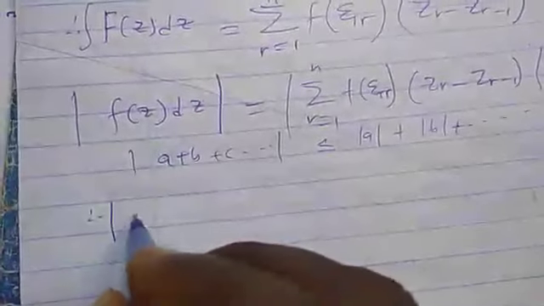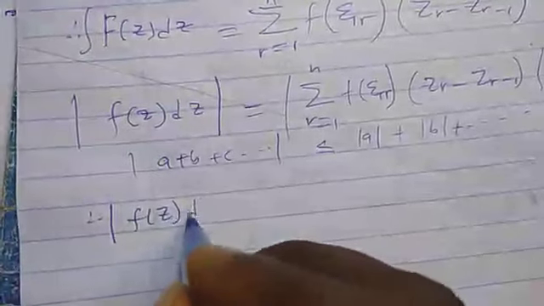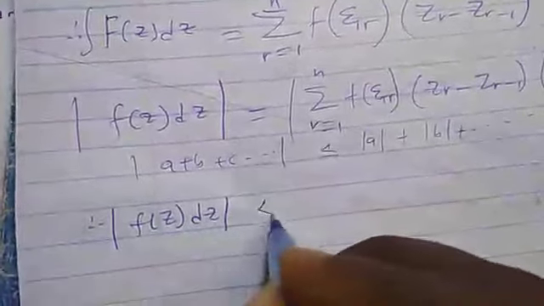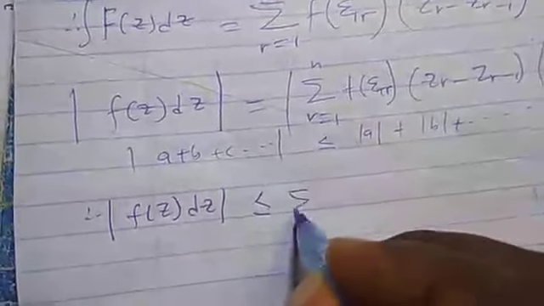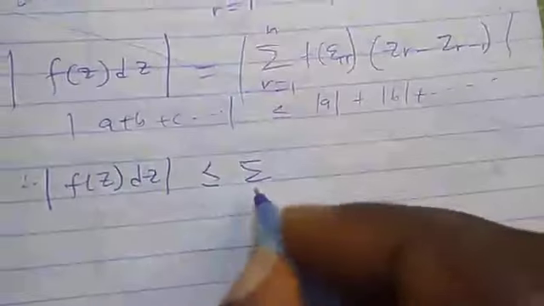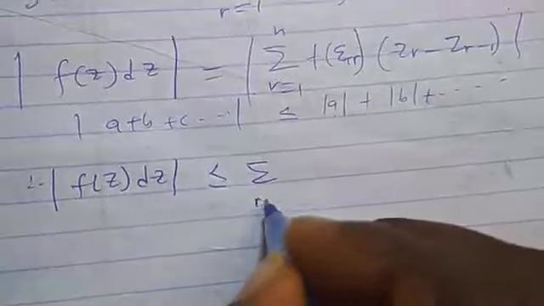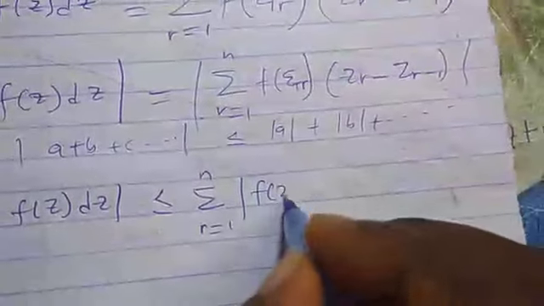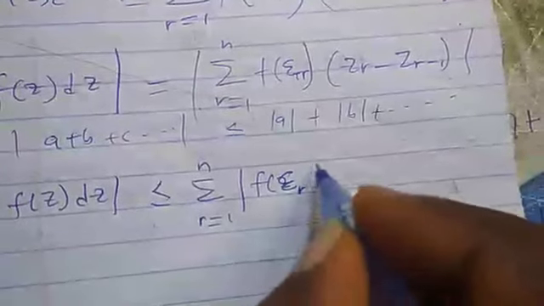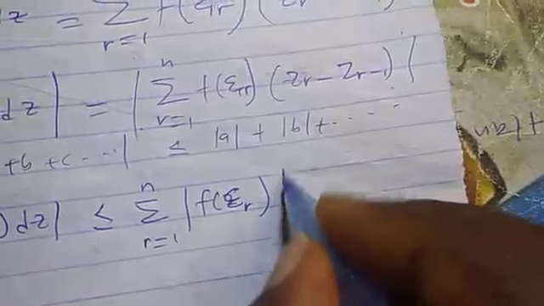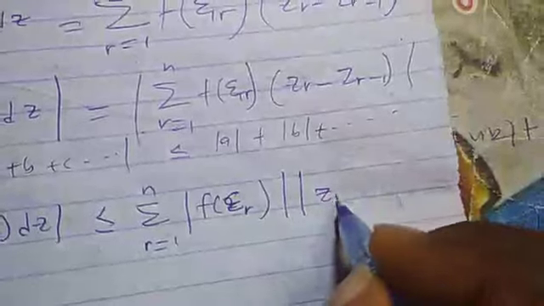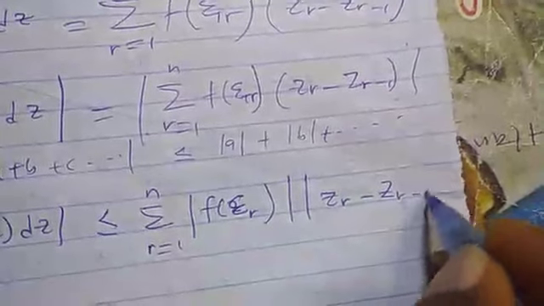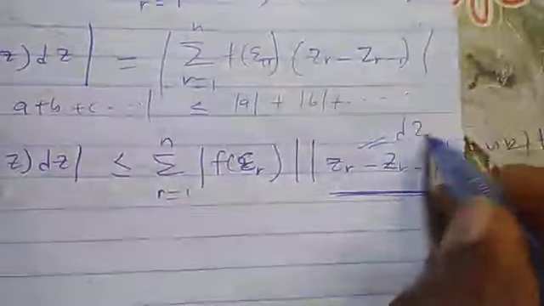Therefore, absolute value of the integral of f of z dz will be less than or equal to, putting the absolute value inside, summation r goes from 1 to n, absolute value of f of xi r times absolute value of z r minus z r minus 1. But we should take note that this one is dz.